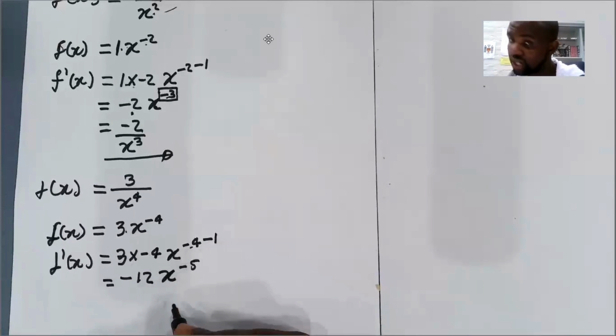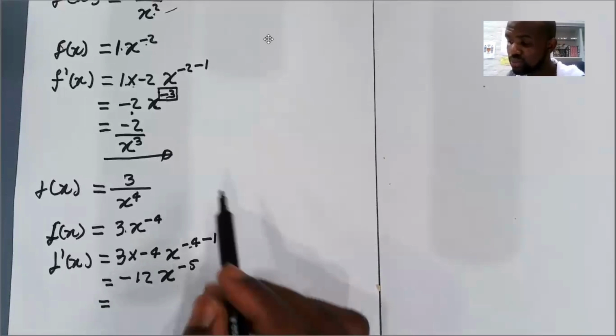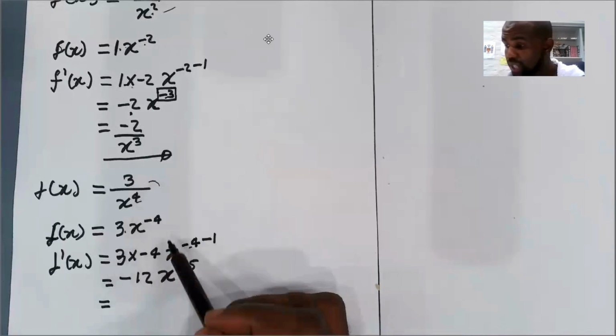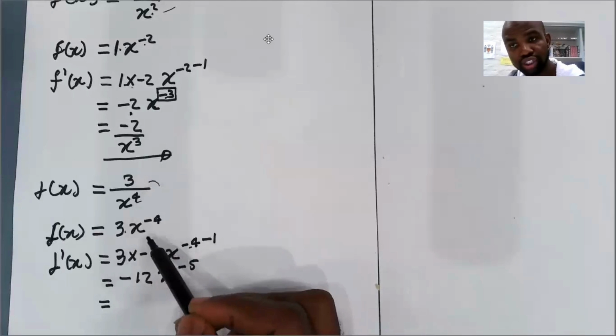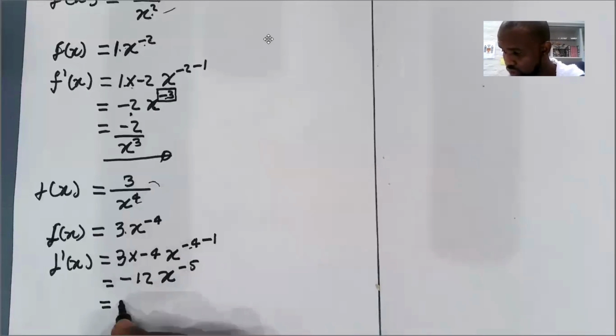Again, we don't leave our answer in the negative exponent. So what do we do? Remember, when we took this and moved it up, the numerator changed sign and became negative 4. Bring it back to where it came from, and the sign changes to positive. So it's just going to leave this negative 12 here.